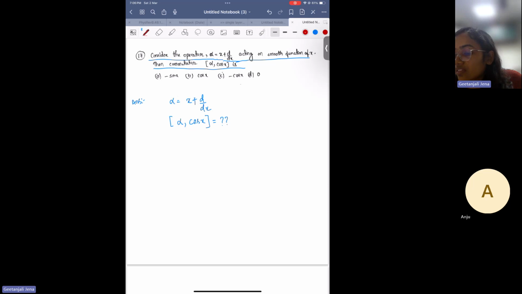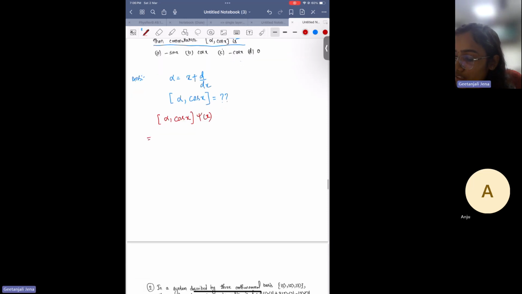If this kind of problem is given, you have to act this commutation relation on a normalized ket. Here you can see the operator is a function of x, so it's better to act it on a function which is also a function of x, let's say psi of x.